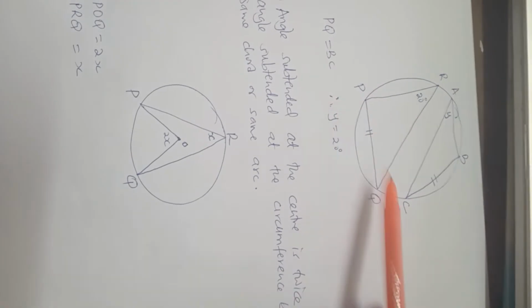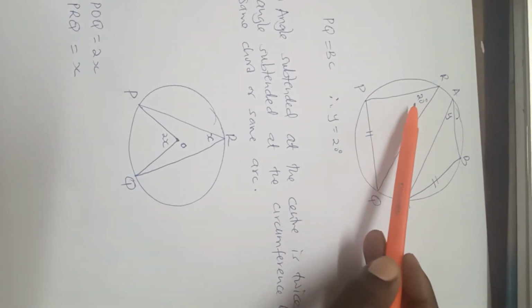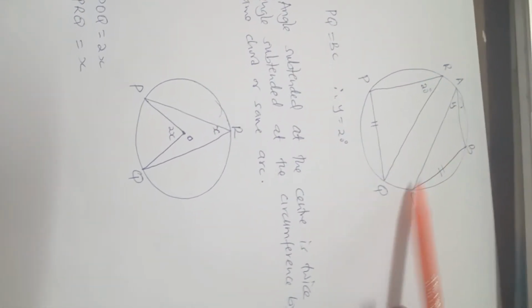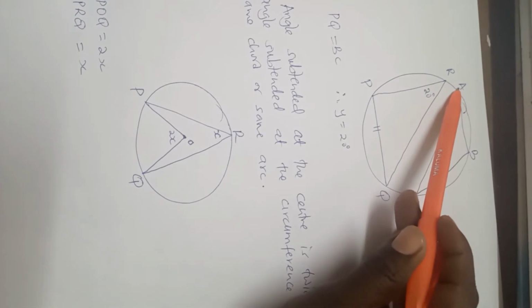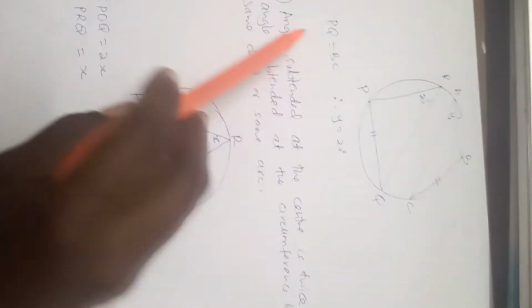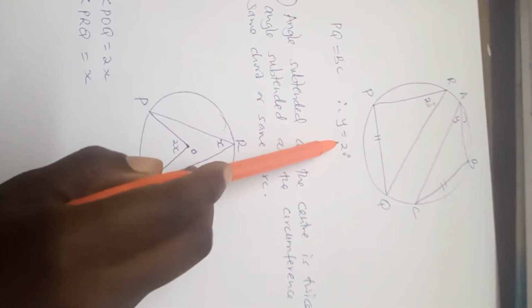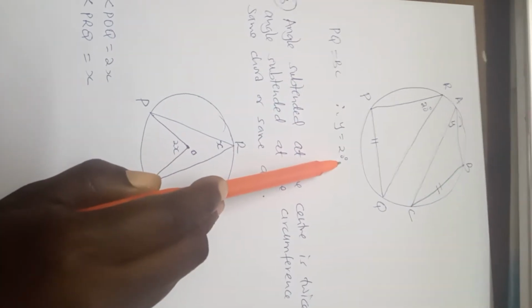Now, chord PQ subtends angle 20 degrees at R in that segment, and chord BC subtends angle Y at point A. Now, because the two chords are equal, PQ equals BC, therefore Y equals 20. That is our second law.